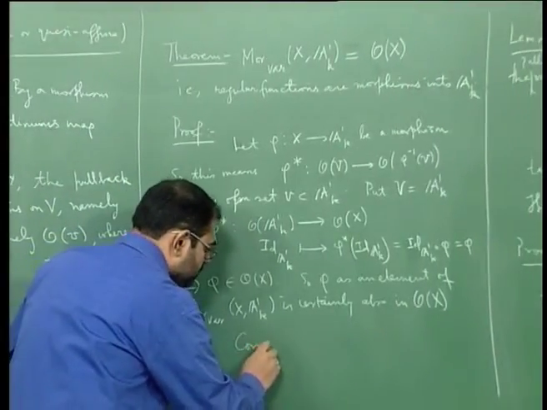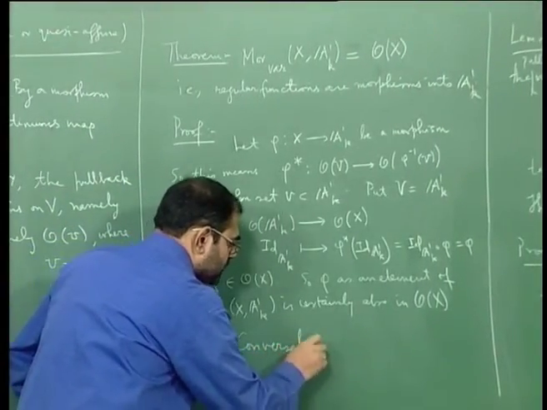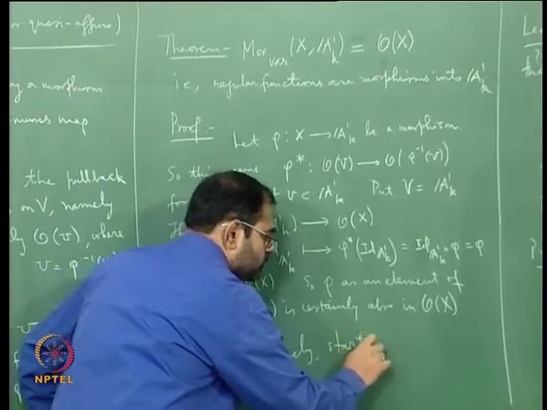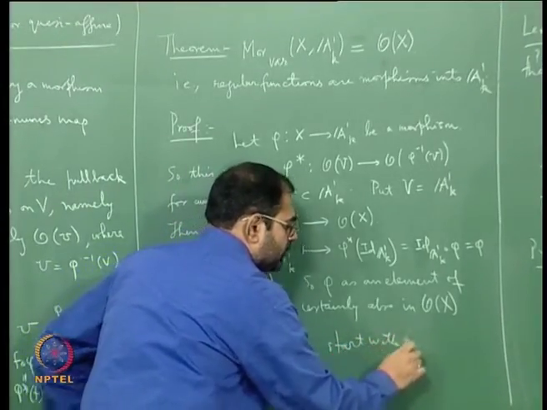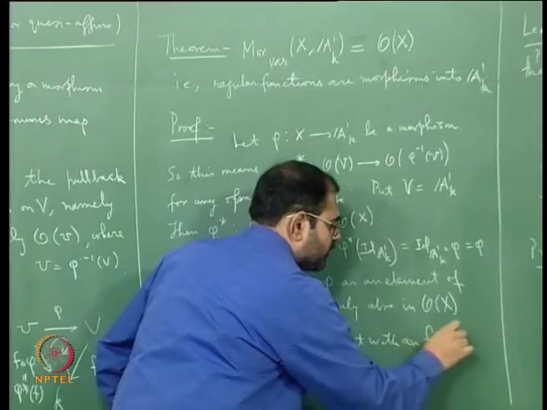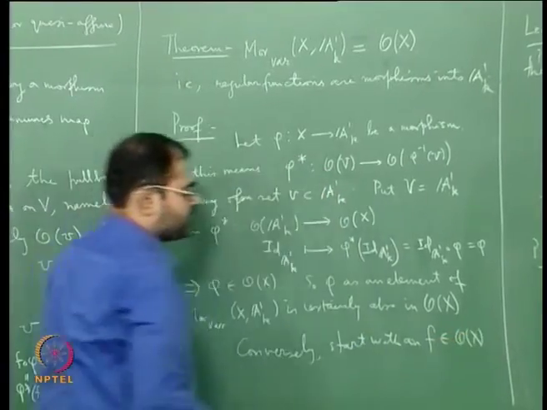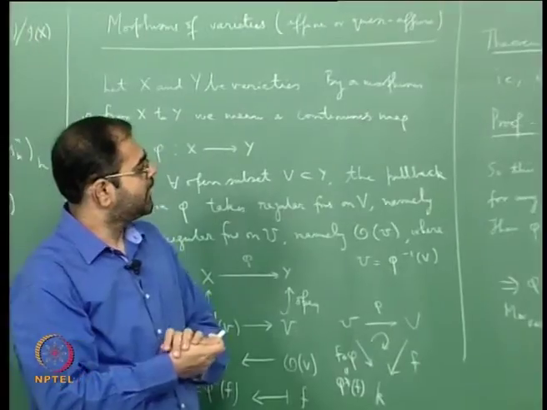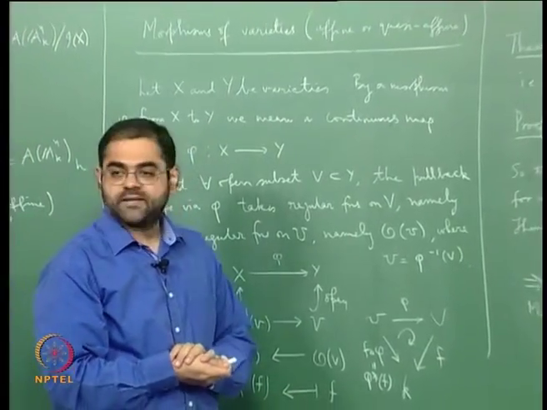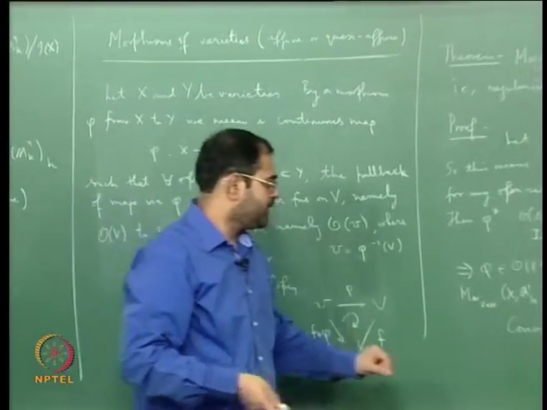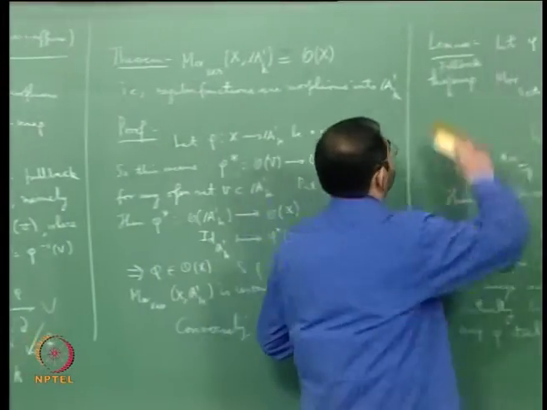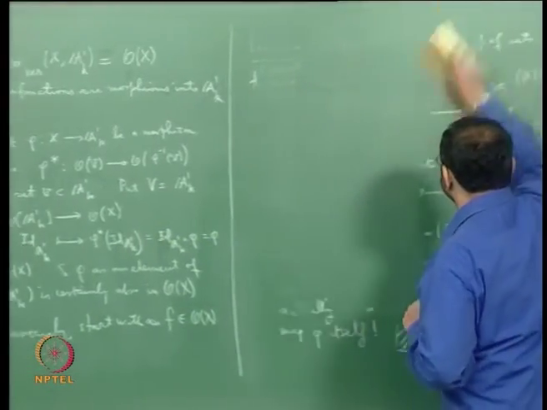Conversely, start with an f in O of X. I want to show that f is actually a morphism into A1.